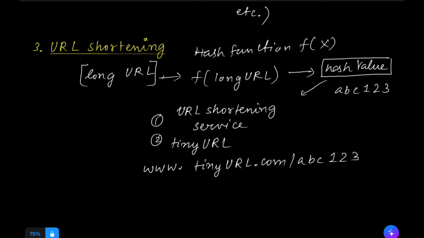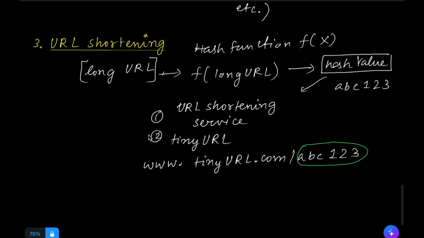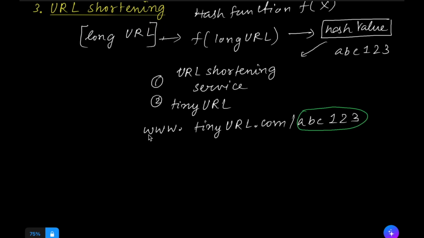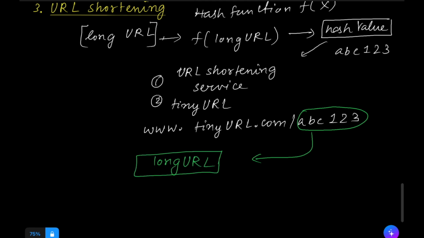In this way, this hash value is utilized in the short URL. A long URL can be mapped to a hash value, and using this hash value we can also get the long URL, say with some get hash function that returns the long URL.